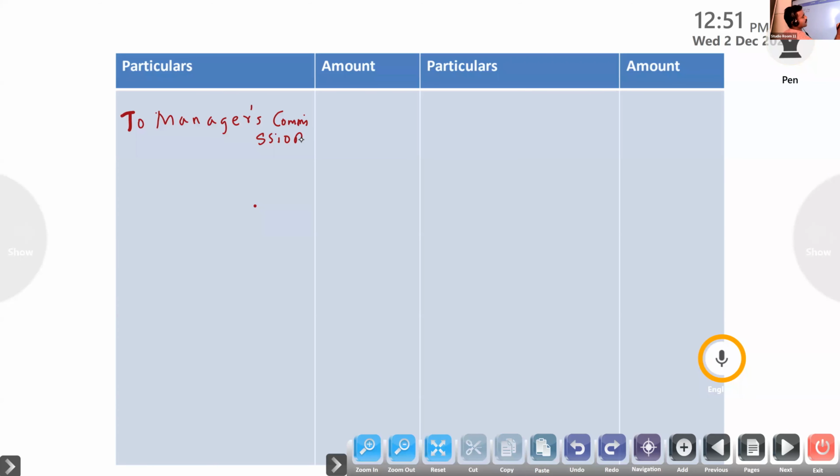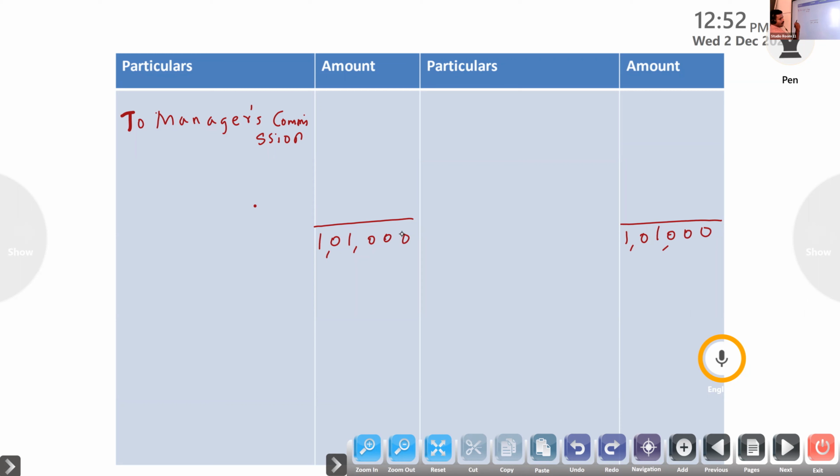Credit side total, how much? Karthik? 1,01,000. Then manager's commission, how to calculate?